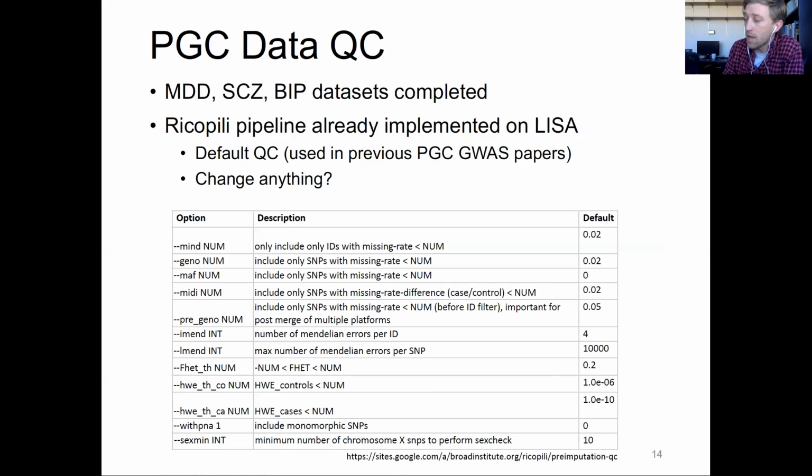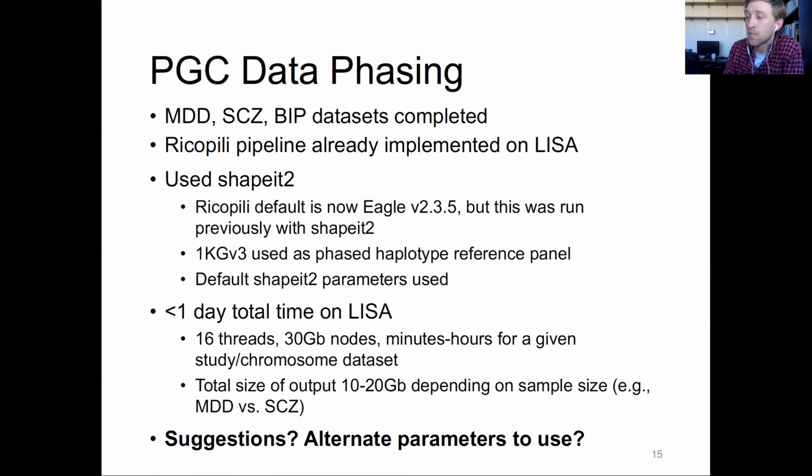Okay, so slide 15 now. To go forward with the phasing of the PGC data itself, the array data from PGC, I've run this through ShapeIt2 on Lisa. I know Ricopili now applies Eagle. It looked like it's now the default, but I had done this a little bit previously, and it was still with ShapeIt2. So 1,000 Genomes as the reference panel for the haplotypes, and the default parameters as well.